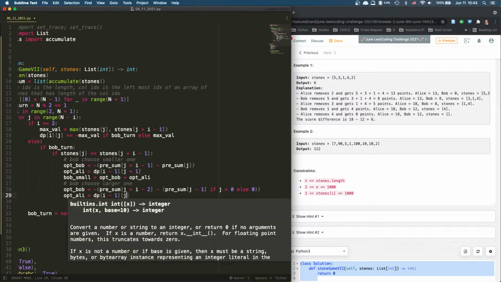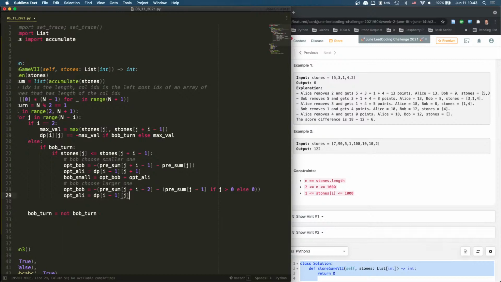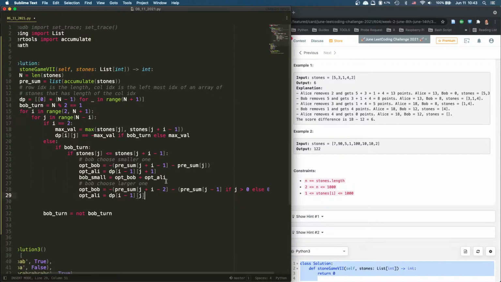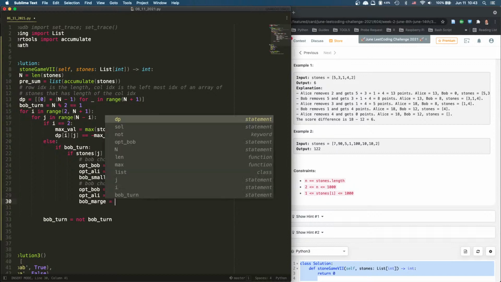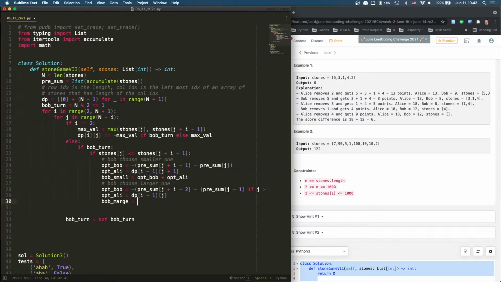So it's going to be j, right? It's going to be j. Okay, so this is going to be Bob large equals, let's also small, right?